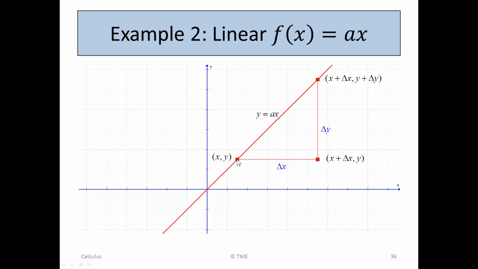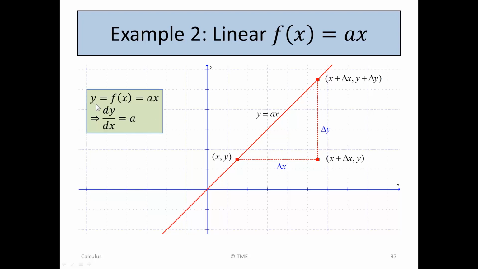So as we move out in the x from x to x plus delta x, we move out this distance, delta x, and for that we move up this distance, the delta y. So that's the change in vertical height for that change in horizontal distance from one point to another. So we can see that ratio of delta y over delta x.